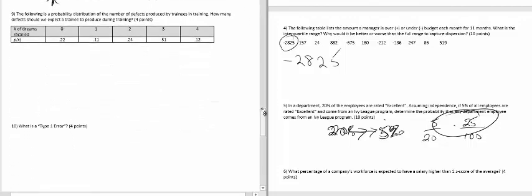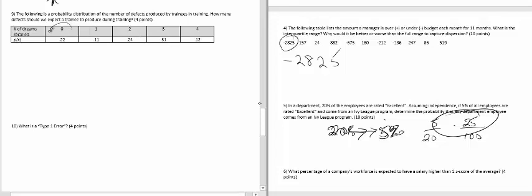Okay, so question number 9 is a weighted probability, and I went over this several times in class. I'll tell you, it's easy to get wrong, so you really have to pay attention to this stuff. Okay, so weighted probability.